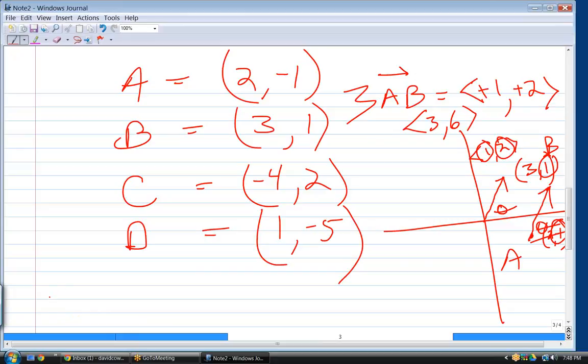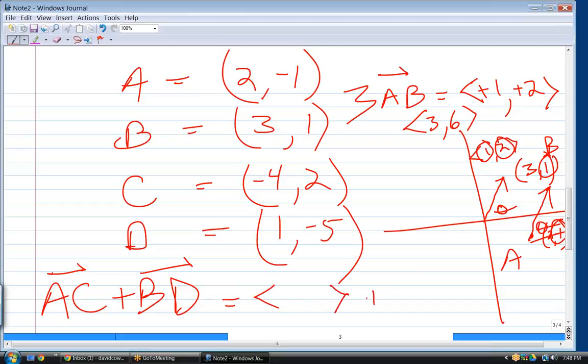This is AC plus BD. All right, these are vectors. So to get AC, what would that be? That would be C minus A. In other words, when we did AB, we did B minus A. I did it wrong the first time, I did A minus B. Then I realized when I drew my picture that in order to get from A to B, you go positive 1 over and positive 2 up.